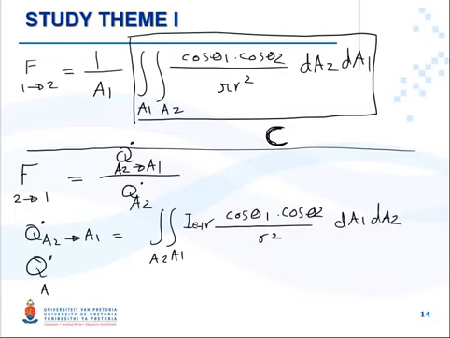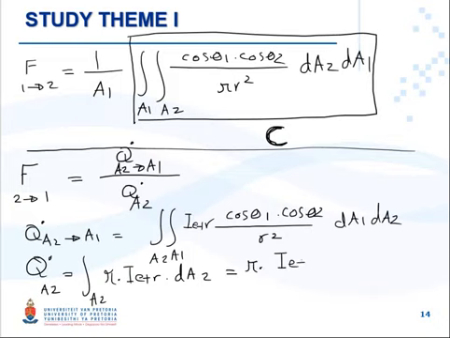Q̇ A2 is equal to A2 pi (E plus R) dA2, which is equal to pi (E plus R) A2.